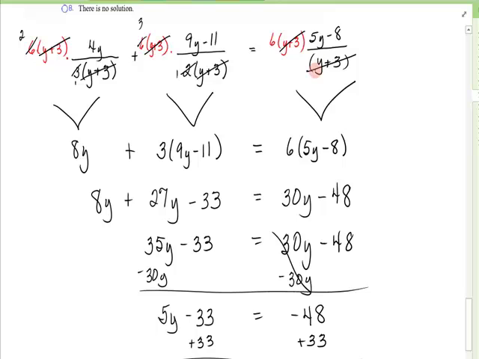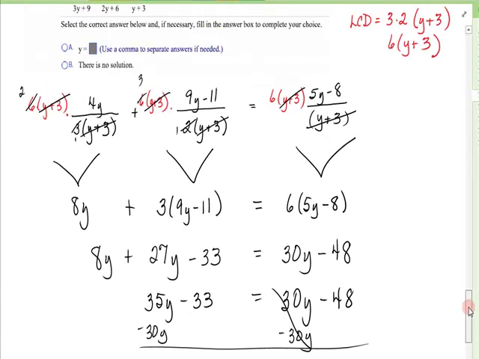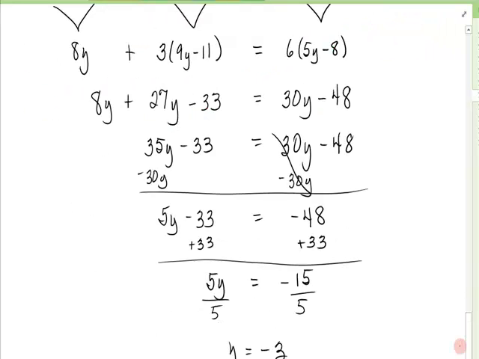That becomes 0 because negative 3 plus 3 is 0. It only has to happen once, but in our problem it happened 3 times. The y equals negative 3 is a solution to this equation, but unfortunately it is a violation of the domain and cannot solve the original problem.